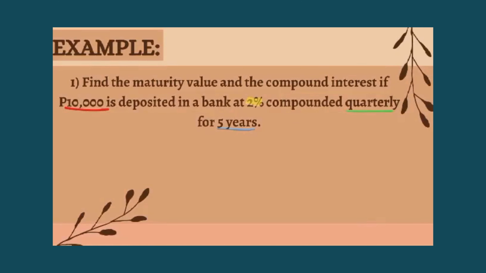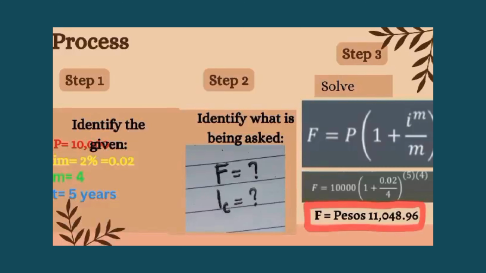Sample problem of compound interest. Find the maturity value in the compound interest if 10,000 pesos is deposited in a bank at 2% compounded quarterly for 5 years. So here is the process for your solution. Step 1 is to identify the given.